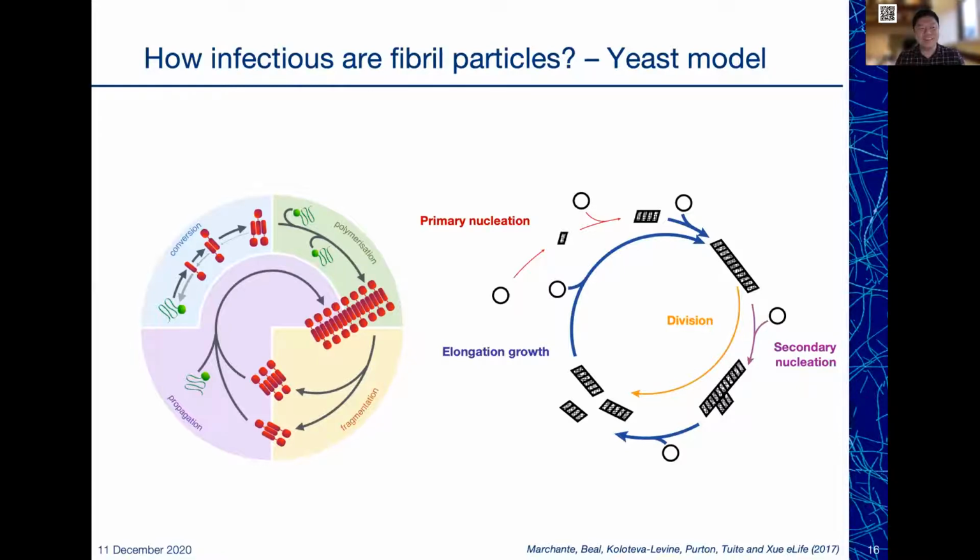The idea is that if you fragment the filaments, then you have a larger number of them, which obviously enhances the infective potential, but you also get smaller fragments, and smaller fragments will be more likely to enter the cells. So we use the yeast prion as a model system to study this process.